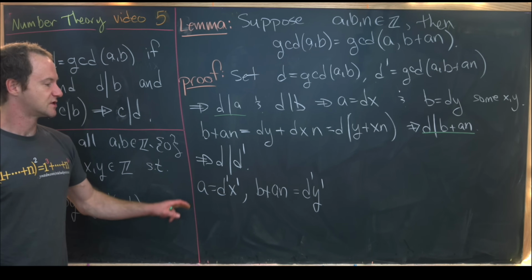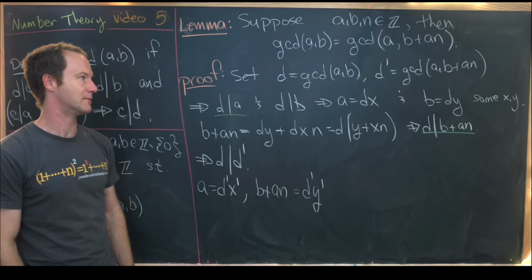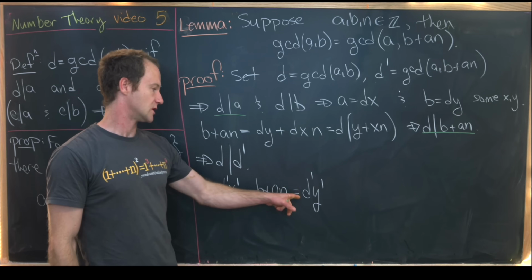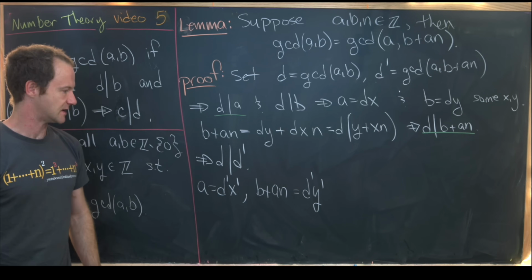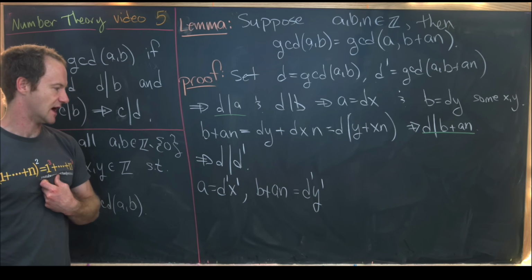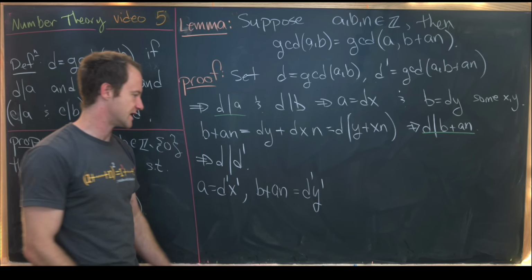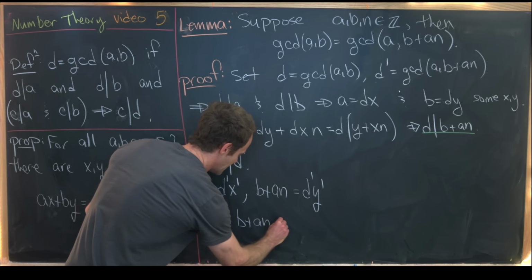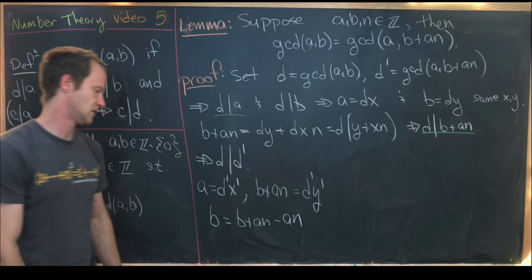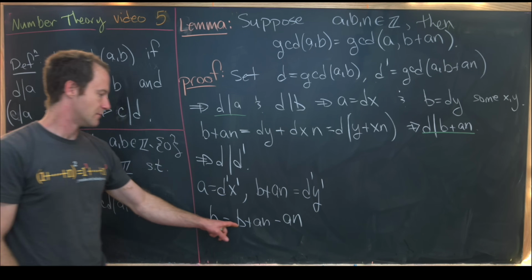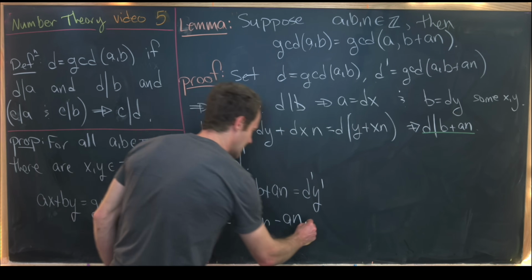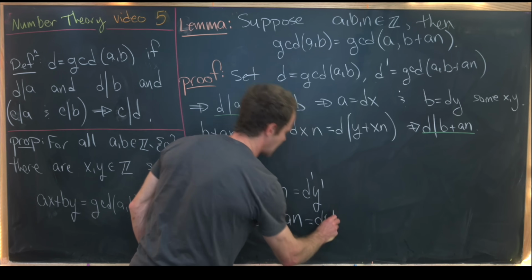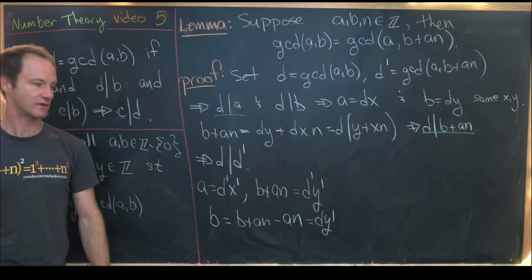Okay, so now we want to somehow achieve the number b because our goal is for d prime to divide b. So let's see how we can do that. Well, notice that b is the same thing as b plus an minus an, just by adding 0. But we know that b plus an is equal to d prime times y prime from this assumption right here.